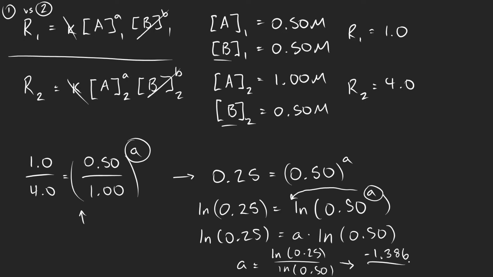The natural log of 0.5 is equal to negative 0.693. And so if we take those numbers, negative 1.386 divided by 0.693, we do indeed get 2.